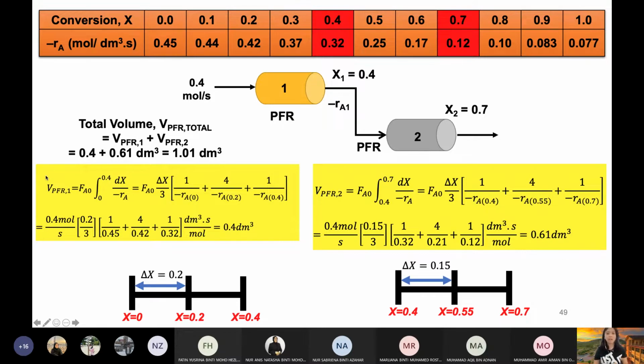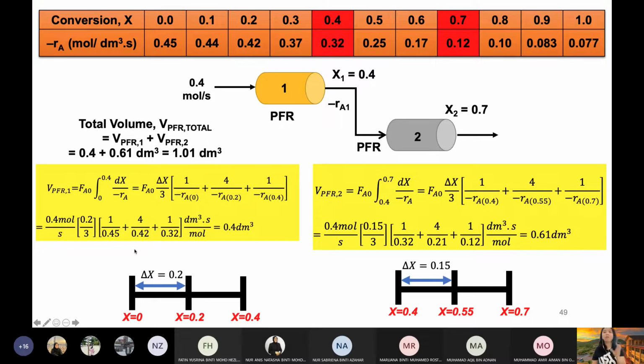Dx per minus RA. So then we convert into the form of Simpson one-third rule, FA0 delta X over 3 in bracket 1 per minus RA when my X is 0 plus 4 per minus RA when my X is 0.2. Macam mana dapat 0.2?